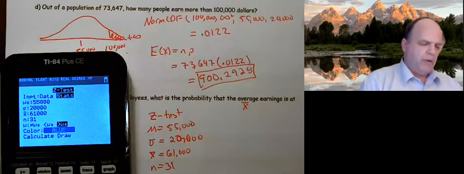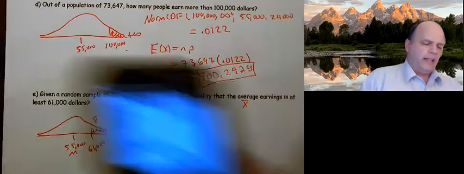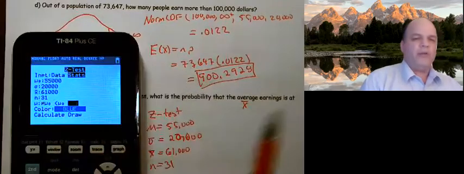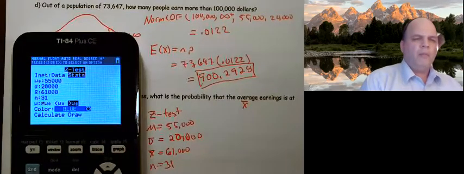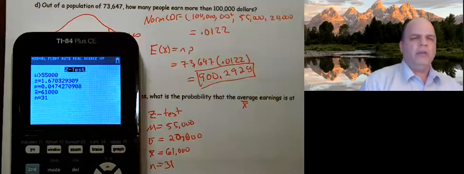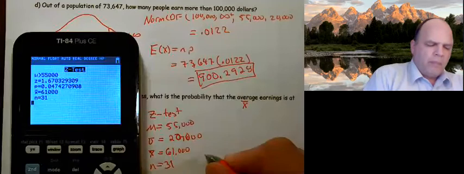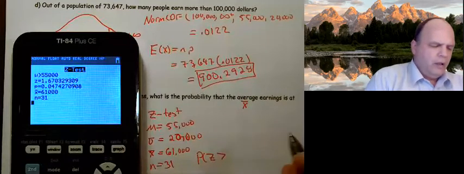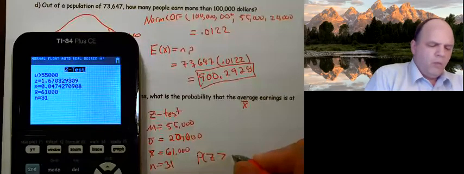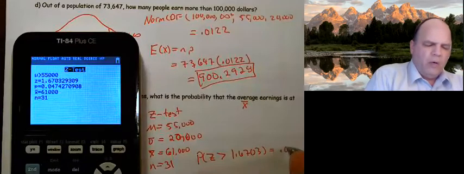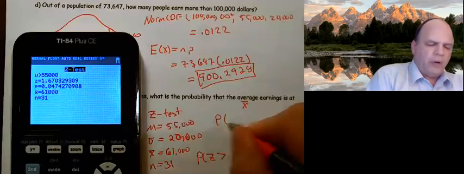And we shaded up because it says at least 61,000, so 61,000 or more. When we calculate this, we end up getting the probability that Z is greater than 1.6703 equals 0.0474.